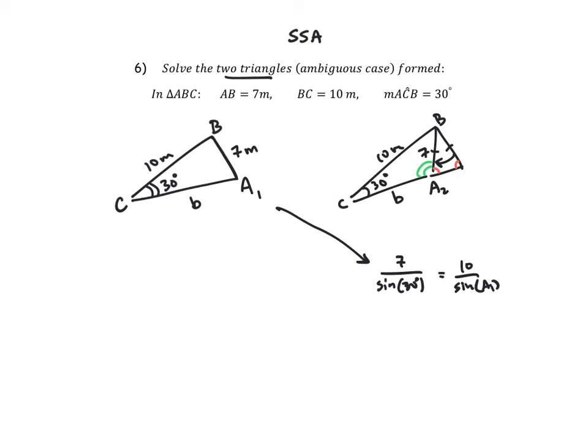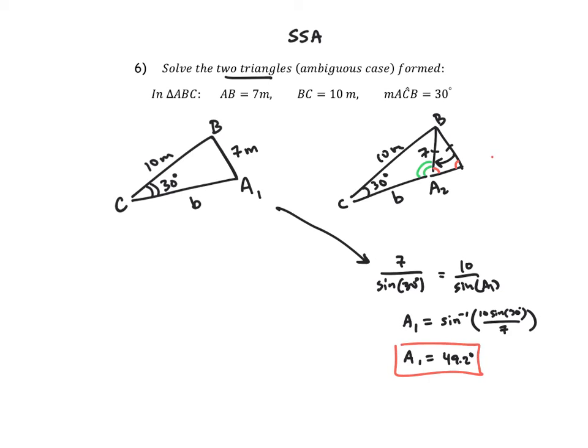When I solve that, I cross multiply, and I end up getting for A1 the inverse sine of 10 sine of 30 divided by 7. A1 comes out to be 49.2 degrees.